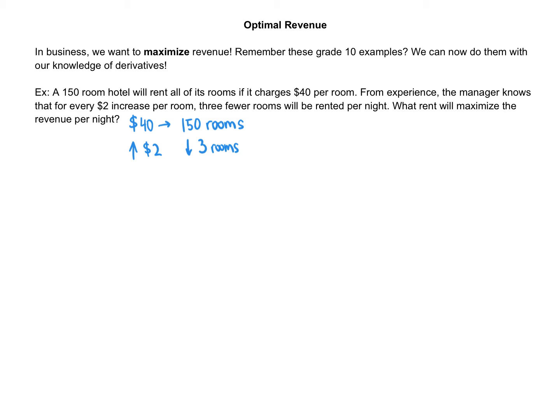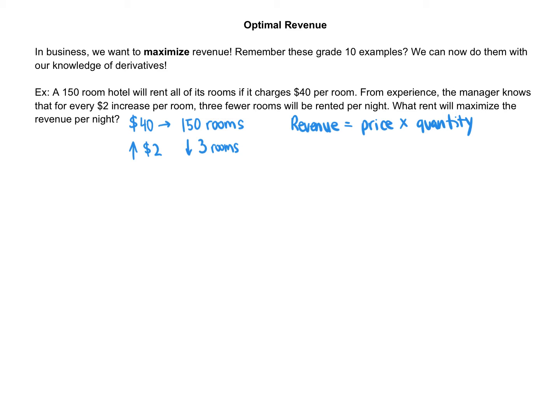So we need to find that happy spot where the price is large enough that we still get enough room rentals that will maximize our revenue. Now, revenue is the amount of money coming in. So it's going to be price times quantity, which in this case, the price for the room times the number of rooms that are rented out.